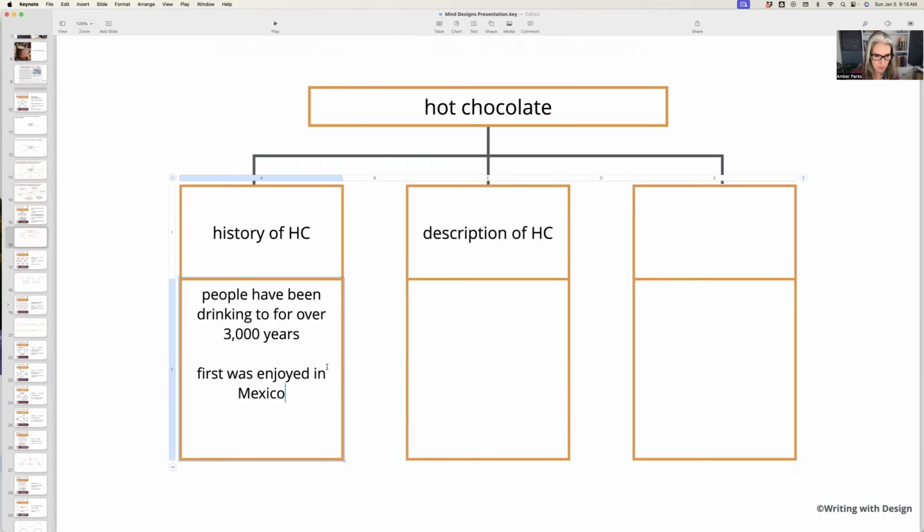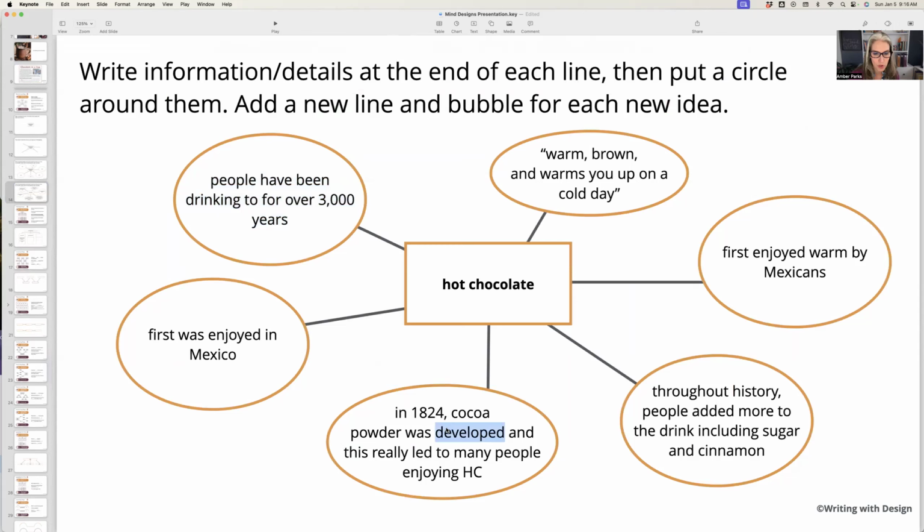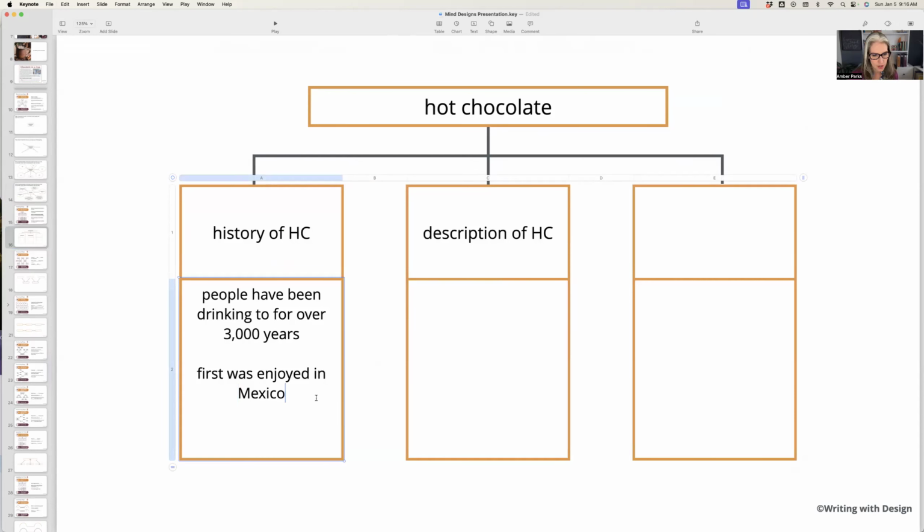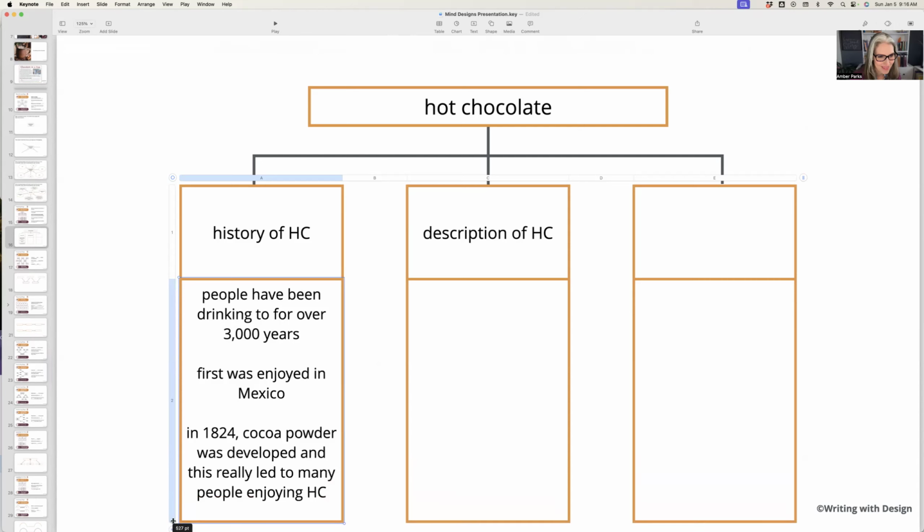And then also, I think this is very important, the 1824 information. So I can pull that in underneath here. Let's get our box resized so we can see it all, maybe. There we go.